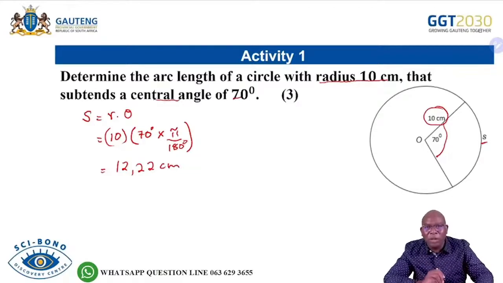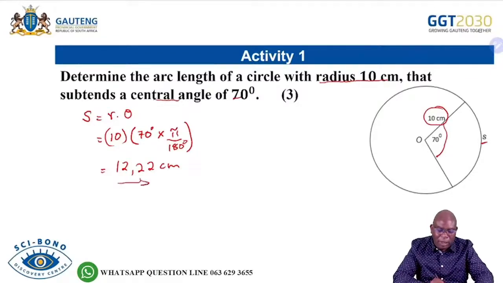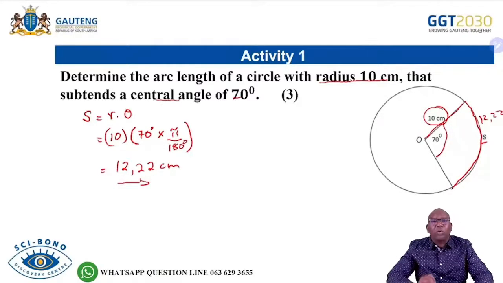I must write my units correctly. That's my final answer. The length of this side is 12,22, which makes sense because the radius is 10. That length can be 12,22.